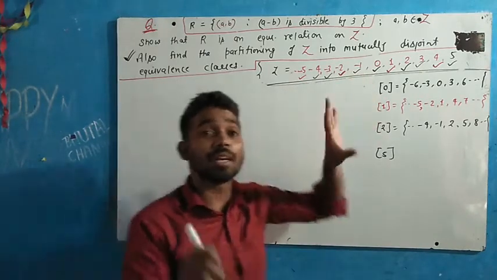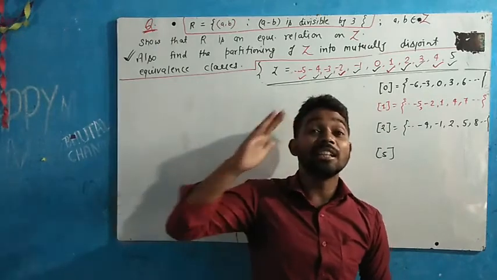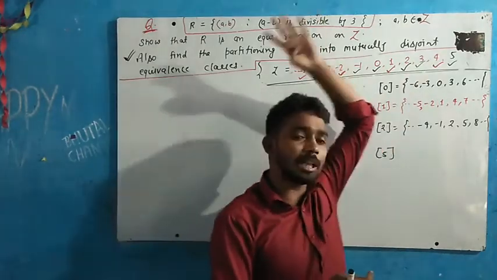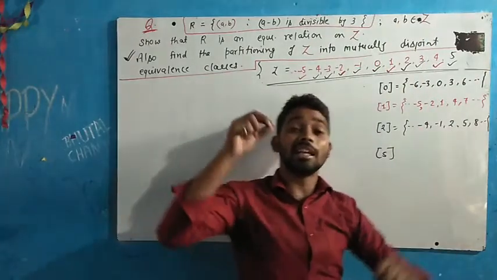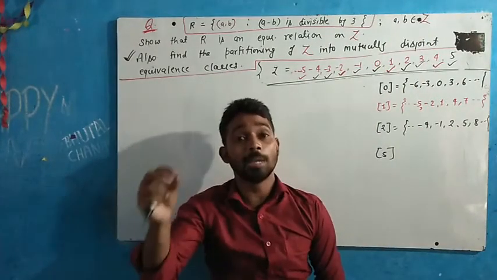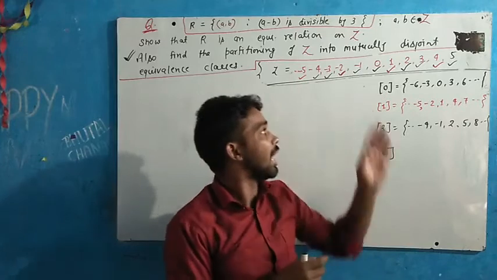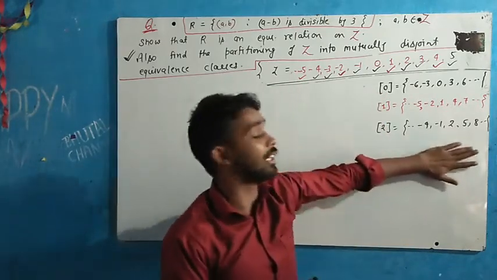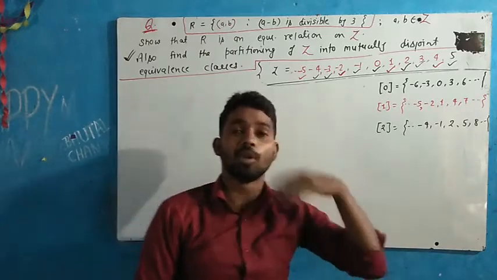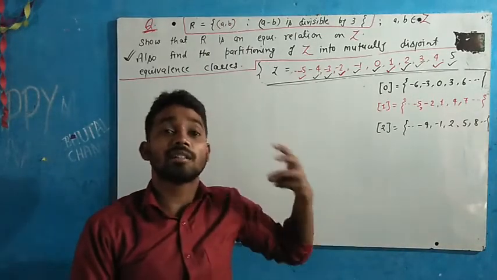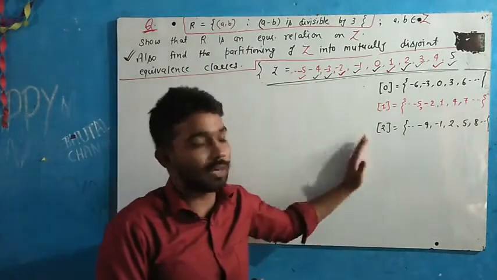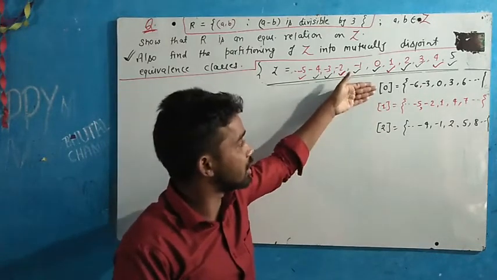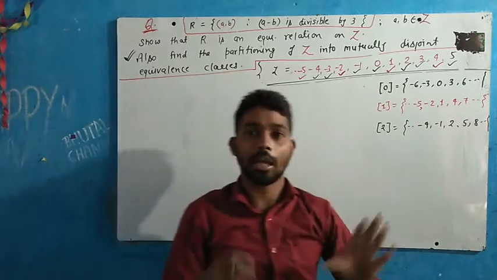It means we are not going to find any new set. Randomly you can take any element, and its equivalence class will be the same as one of these three sets. That's why we are not going to find the equivalence class of any more elements, because only 3 different equivalence classes can be found, and these are for 0, 1, 2. The remaining will be similar to this one or this one or this one. You can check very well at your home, no problem.